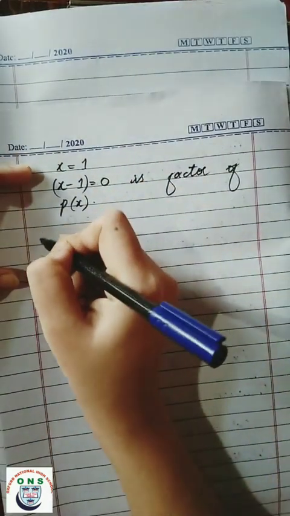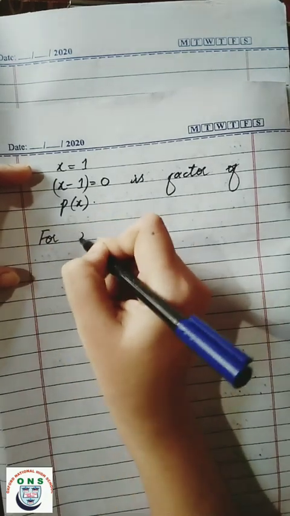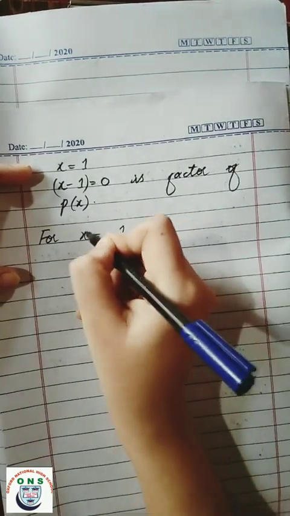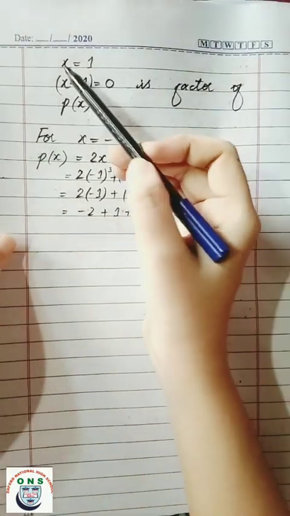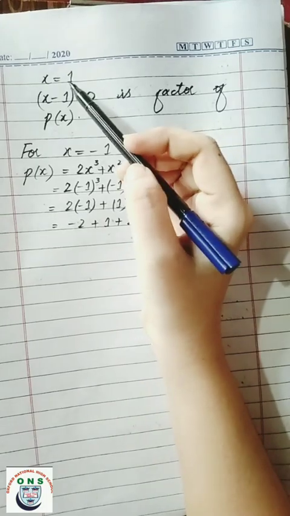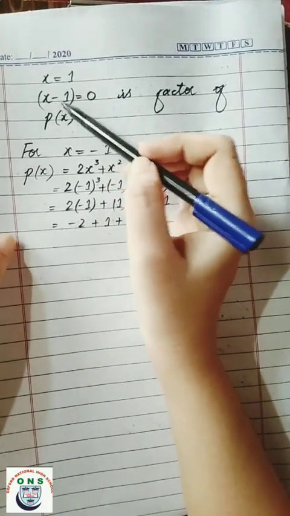Clear? Now for x is equal to minus 1, we will try. Yes students, this is the factor because it was equal to 1 and x minus 1 is a factor.